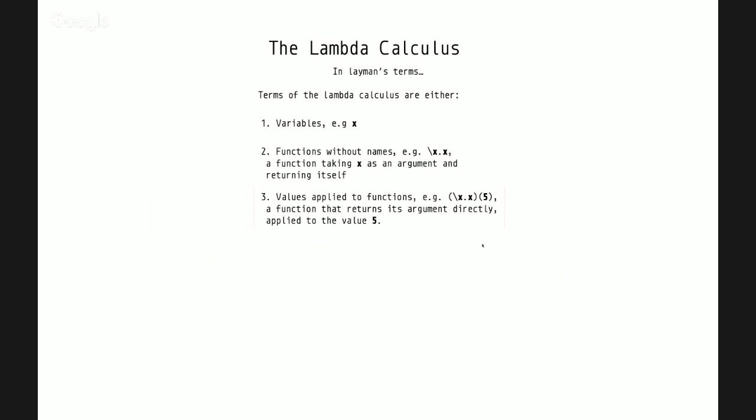But in this case, we've got two lambda terms here. We've got the lambda x dot x that we just talked about, and this 5. And 5 is also a term. It's a variable in the lambda calculus, so we can use it. And we can apply these things. We can apply the first term, the lambda x dot x, to the second term, 5, to get a value.